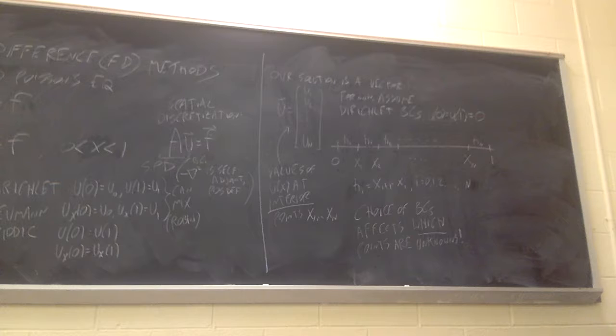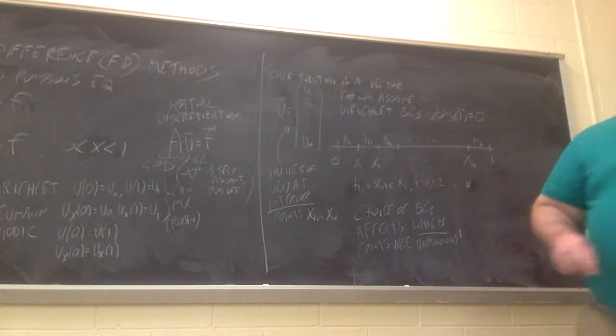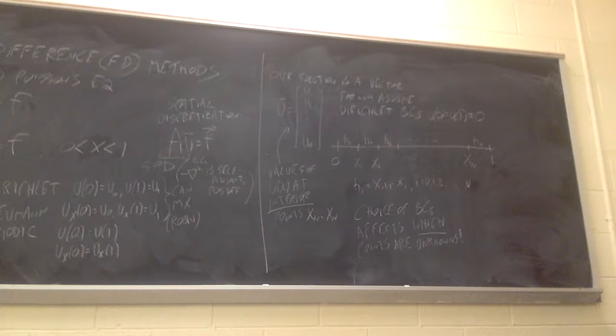So, for example, suppose instead of Dirichlet boundary conditions, I impose Neumann boundary conditions. Well, that means that at x equals 0 and x equals 1, we don't know those values, so they are lumped in. We now have a total of n plus 2 unknowns instead of n. Now, the boundary conditions will help us set up the equations, but it means more unknowns than in the Dirichlet case.